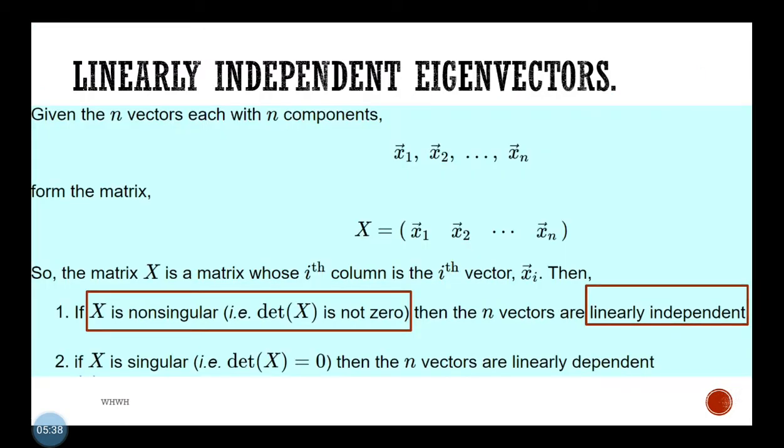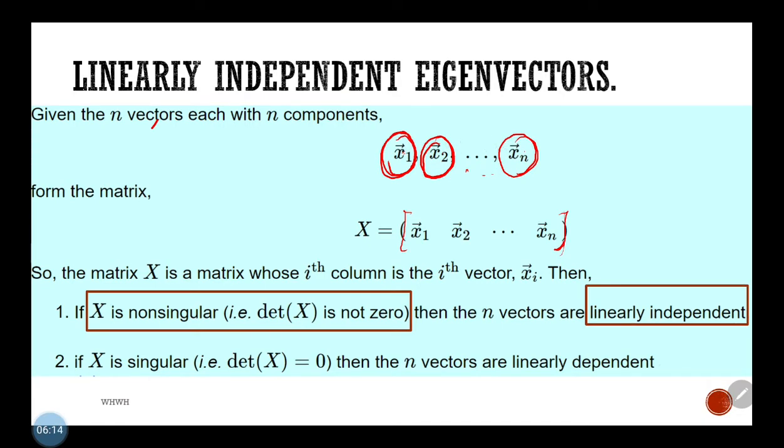So how do we say that the eigenvectors are linearly independent? Say x1 is the eigenvector for lambda 1, x2 is the eigenvector for lambda 2, and so on, up to n eigenvectors. Then you may put the eigenvectors in the form of a matrix to show that all these vectors are linearly independent.